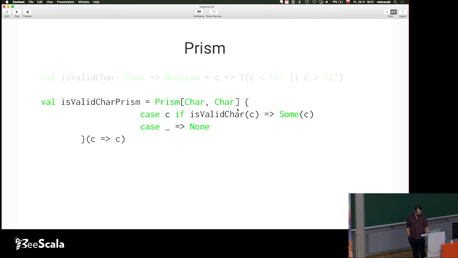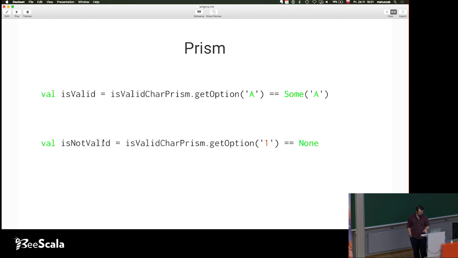One which is the function getOption, and the second one is reverseGet. And if you provide a valid argument, then you get the valid output. If you provide an invalid argument, then you get an invalid output.